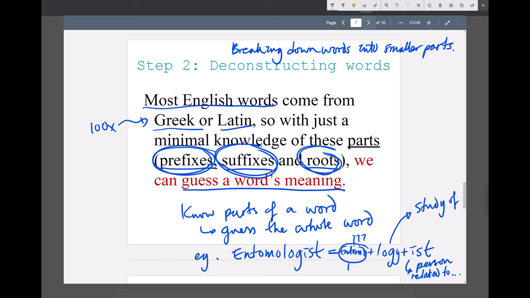And if you figure out what this means, it actually means insects, bugs. So an entomologist is someone who studies bugs. So knowing the parts of a word will help you guess the whole word more easily. And most of these parts are Greek or Latin.